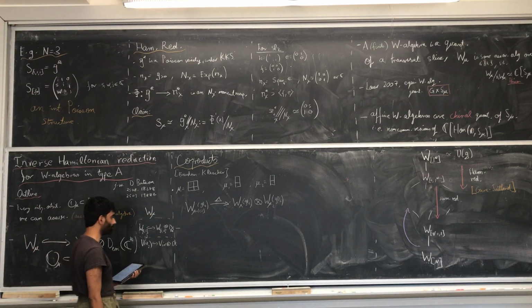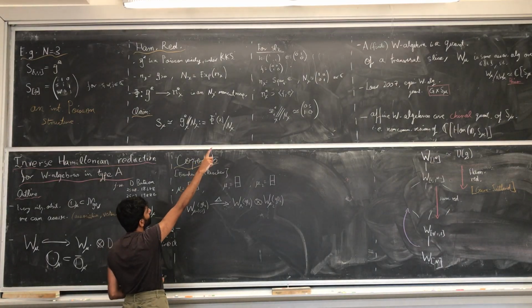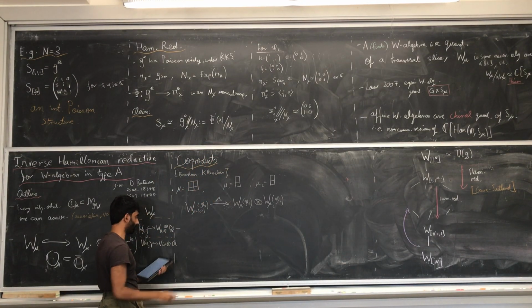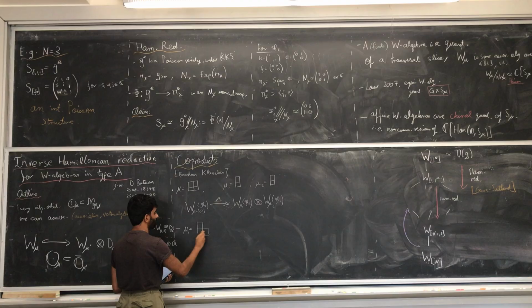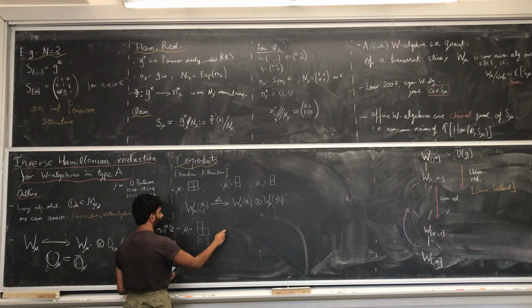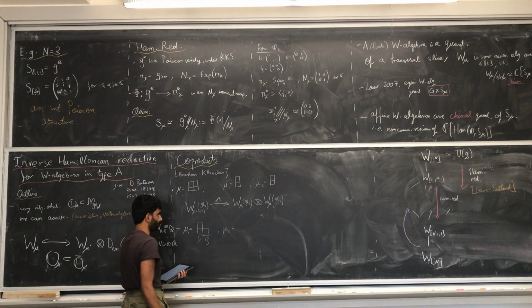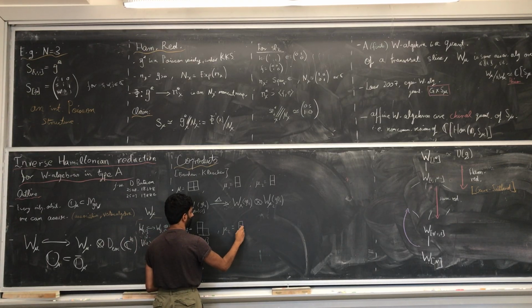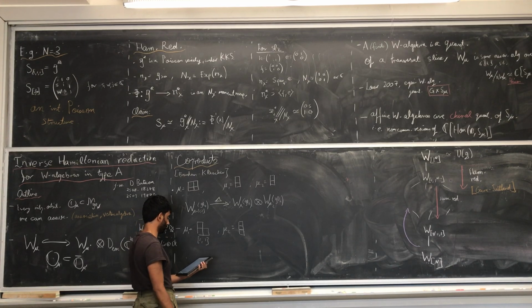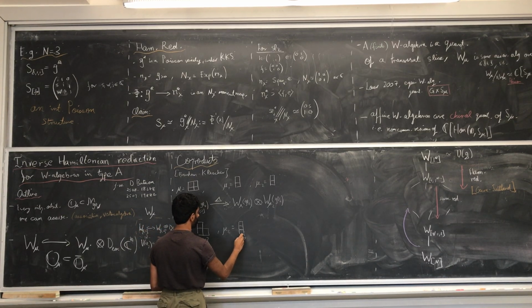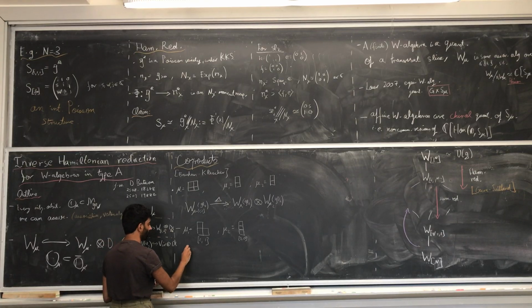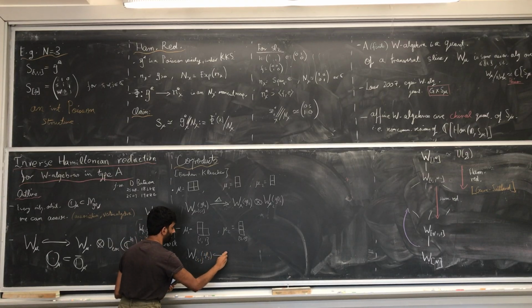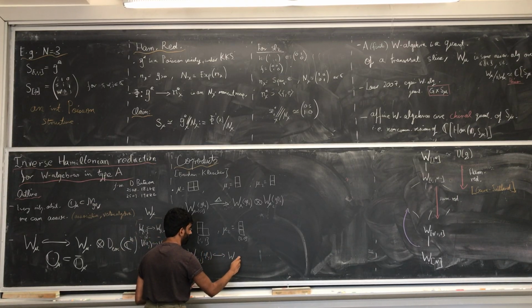So, for example, going back to our GL3 cases, if, say, mu1 was this 2,1 partition, and mu2 is just this stack, W3,0 also for GL3.